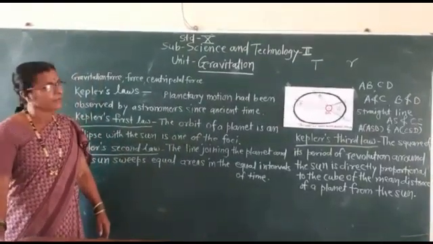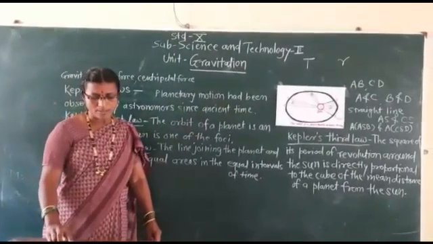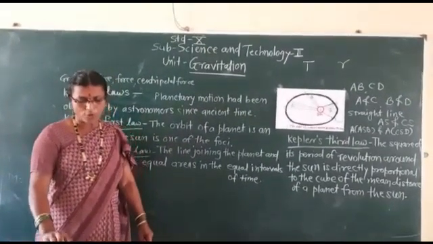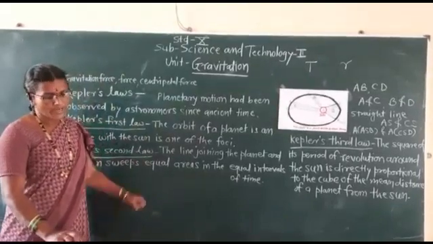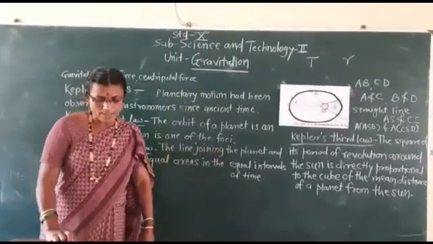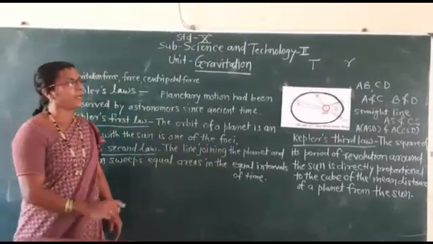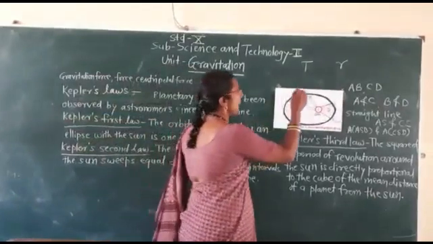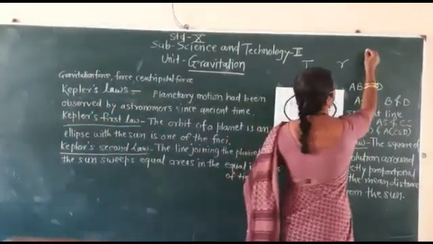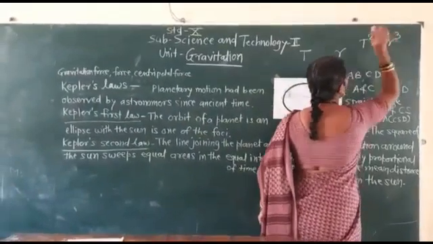In this third law, T is the period of revolution around the sun and r is the average distance. The third law is represented by the formula T square is directly proportional to r cube.